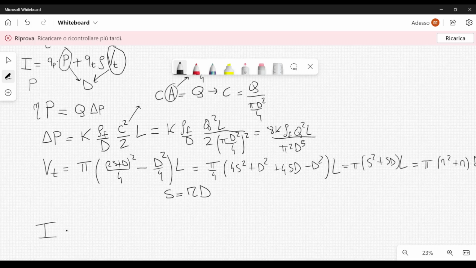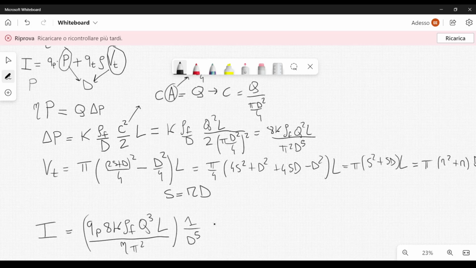So the investment, or the cost, whatever you want to call it, is equal to Q_P times 8K rho f Q to the third power L divided by eta pi squared times 1 over d to the fifth power, plus Q_T rho pi L (r squared plus r) d squared.